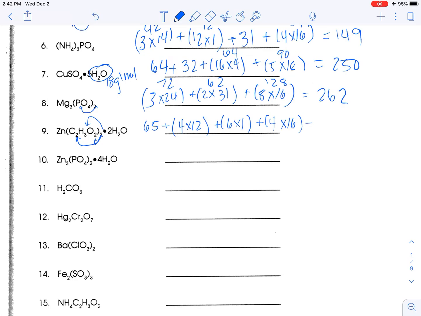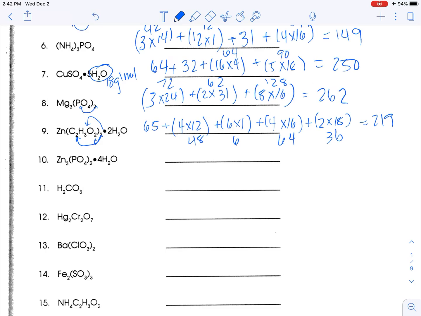And then we're going to have 2 times the GFM of water, which is 18. So 12 times 4 is 48. That's 6. 16 times 4, 64. Forgot about that one. And 18 times 2 is 36. 65 plus 48 plus 6 plus 64 plus 36 is 219 grams per mole.